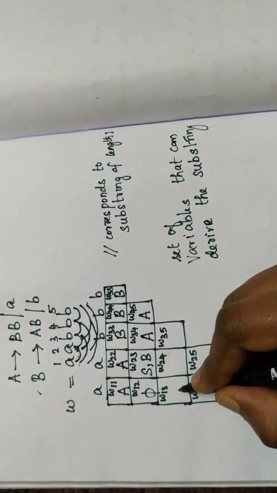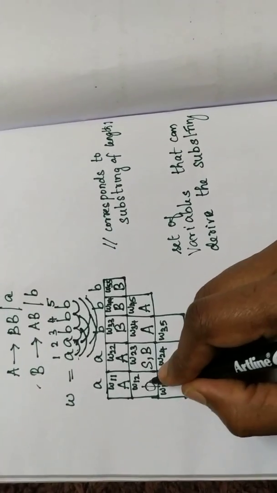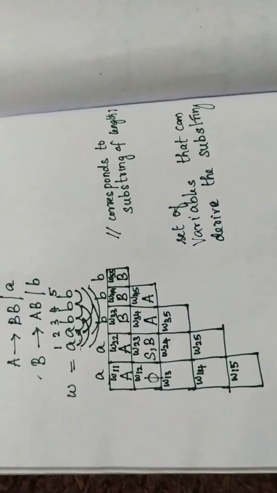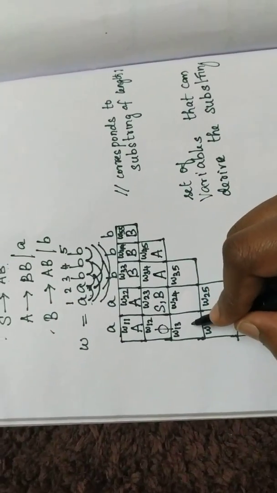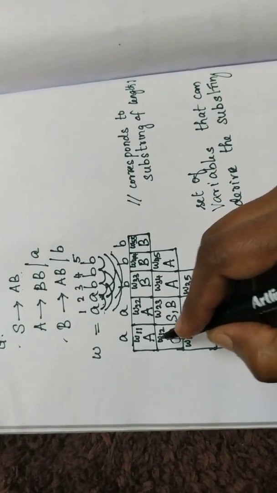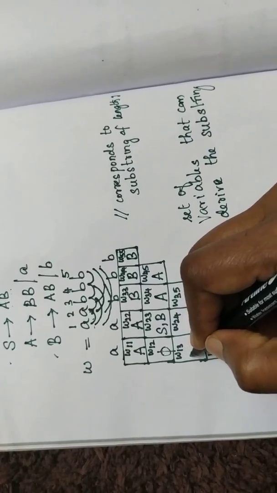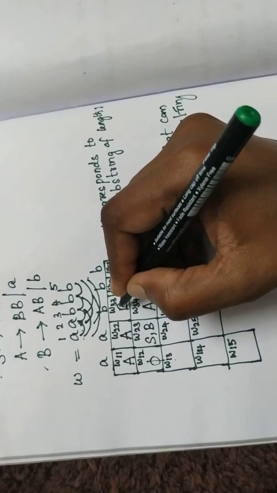Now when coming to the third row of the table, we cannot directly take it from the previous row, because we have 2 possibilities for getting a substring of length 3. It can be taken from W11 to W13, or it can also be taken from this diagonal way.